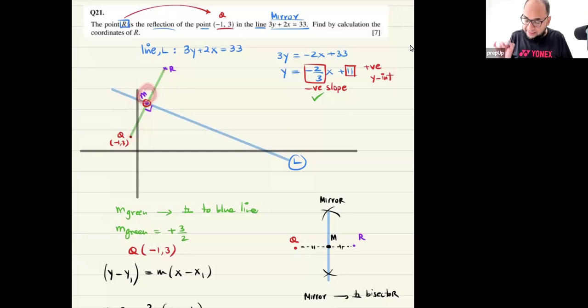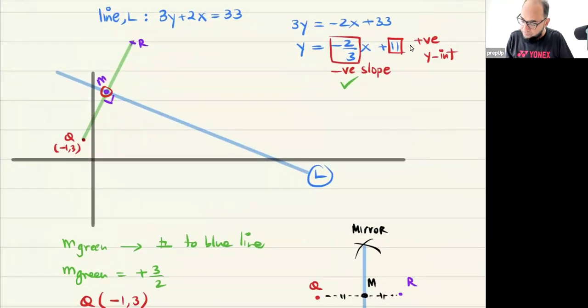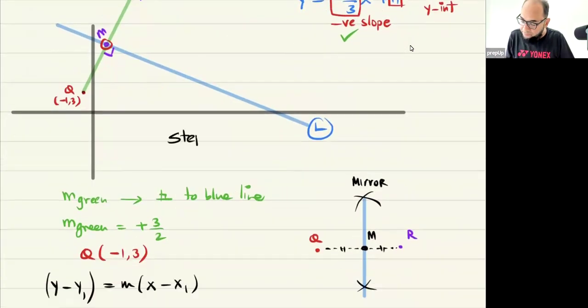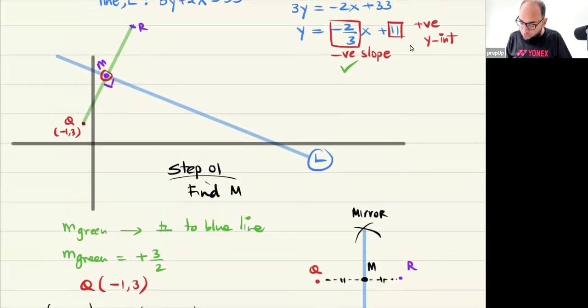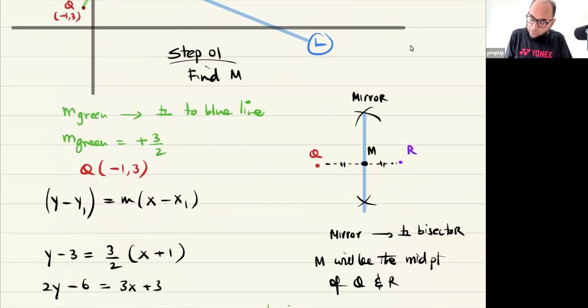Now the question is, step 1, find M. So let me write over here. Step 1, find M. In order to find M, what do we do? We find the equation of the green line.